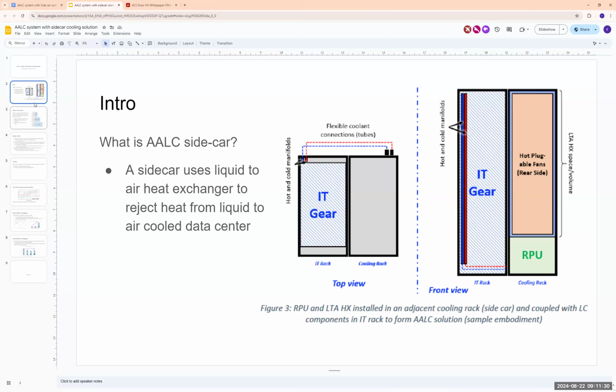The sidecar is used for liquid cooling hardware and can be deployed in an existing air-cooled data center next to IT hardware. The sidecar heat exchanger will reject the heat from the liquid to the air and will support the IT hardware liquid cooling requirements.